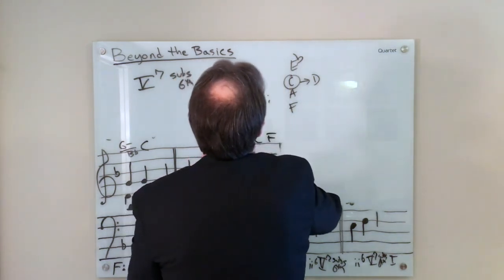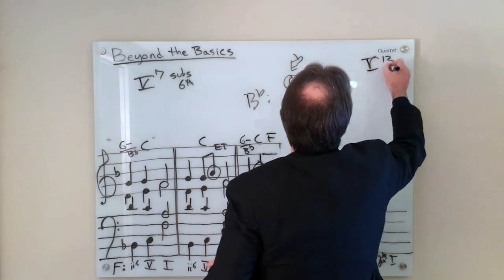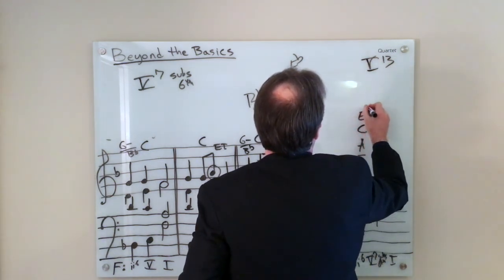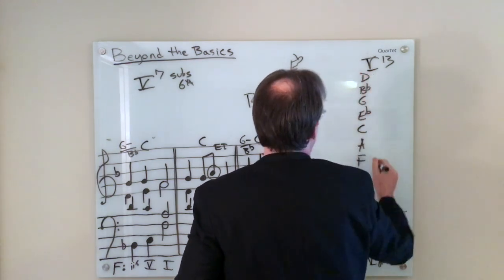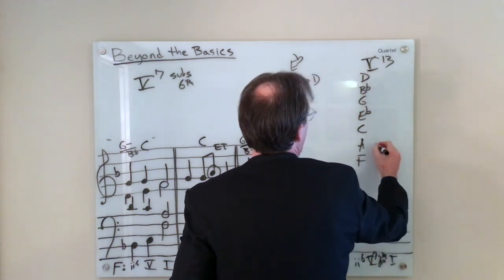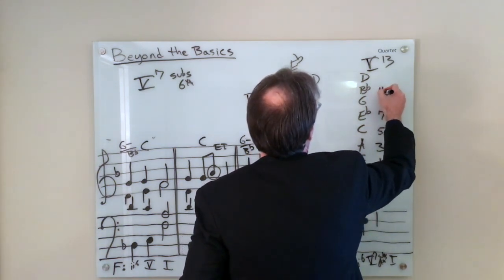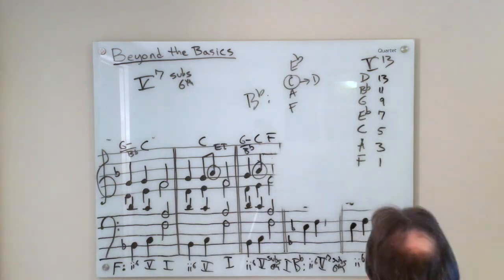I'm going to put that right there. This is our 5/13. F, A, C, E flat, G, B flat, D. So this would be root, 3rd, 5th, 7th, 9th, 11th, 13th. Okay, so that's technically what you would have, right?